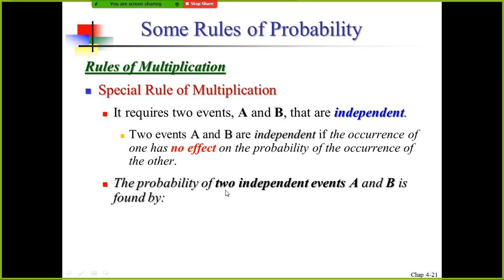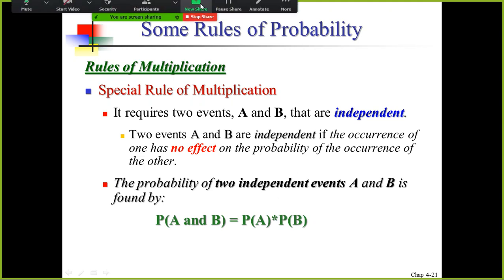The probability of two independent events A and B is found by this formula: P(A and B) equals P(A) multiplied by P(B). Be careful with this one.